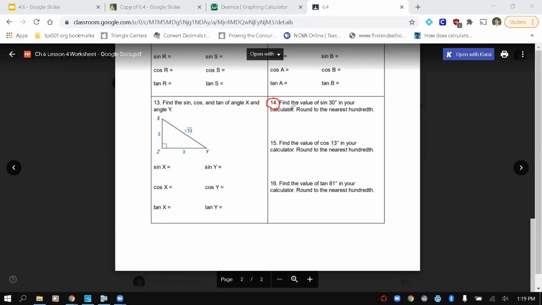Okay, so for 14 through 16, they ask you to find the actual ratios, not by labeling, but through a calculator. So to do that, I'm going to show you what I expect.